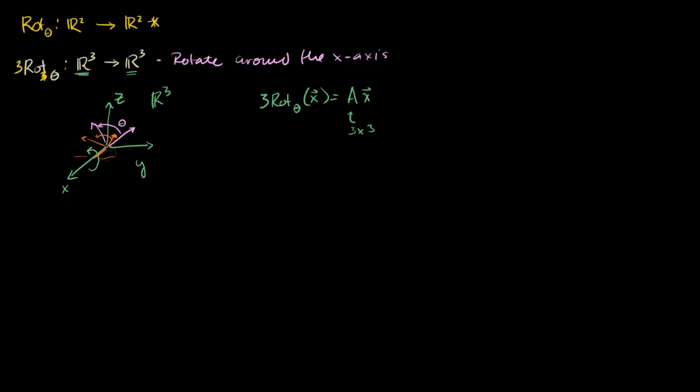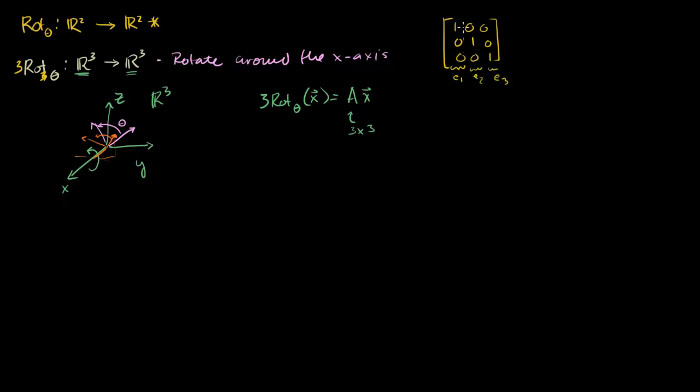So we start off with the identity matrix in R3, which is just going to be a 3 by 3. Let me draw it: you're going to have 1, 1, 1, and then 0, 0, 0, 0, 0, 0. Each of these columns are the basis vectors for R3. That's E1, E2, E3. I'm writing that probably too small for you to see.